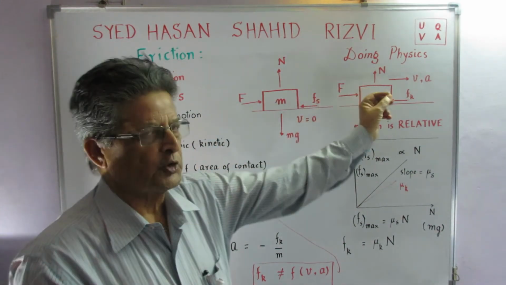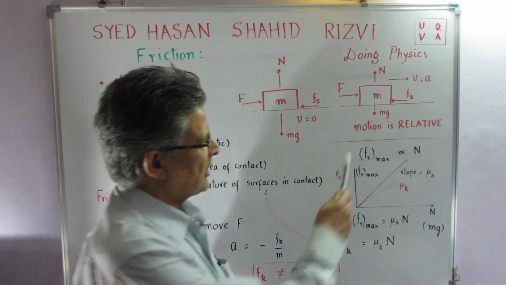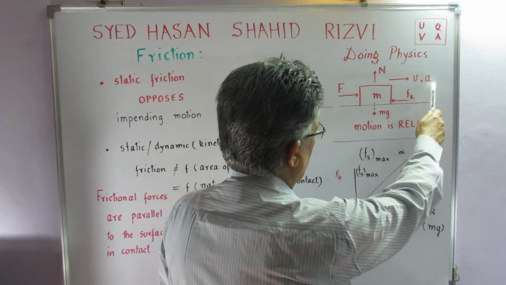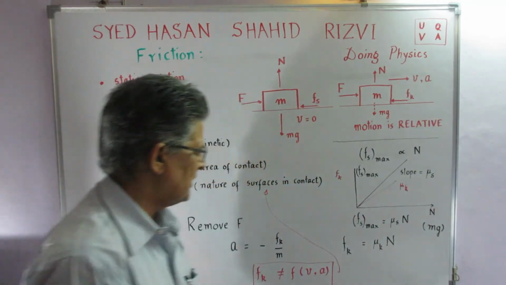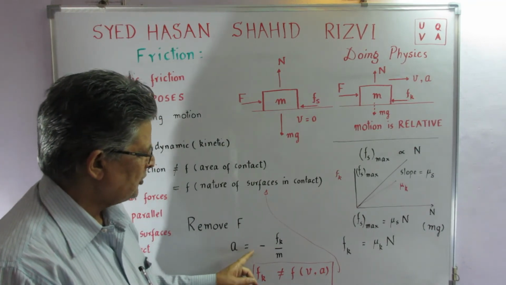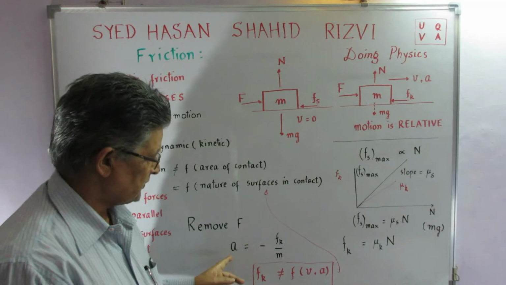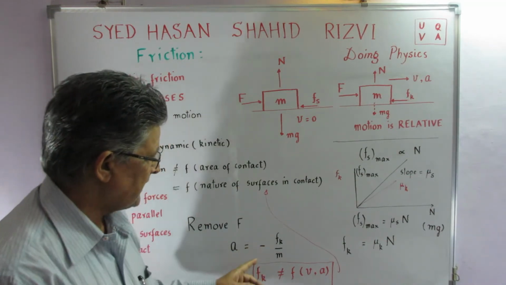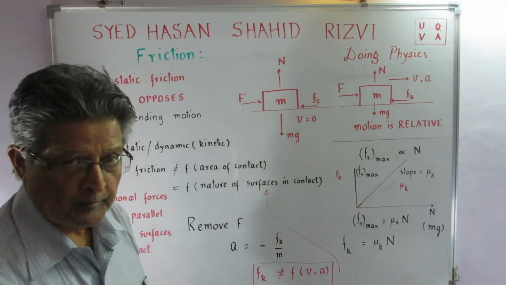The body is in motion. The body has a velocity, the body has an acceleration, and this acceleration is determined by this relation. The acceleration will turn out to be equal to minus Fk upon m, with a minus sign because it is retarding.